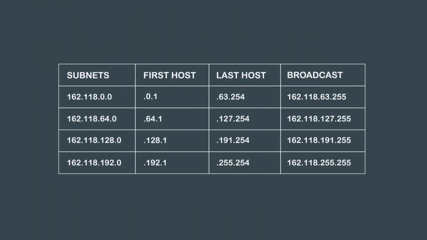Question 6 asks, what is the host range of each subnet? If we look at our chart again, we can easily see the answer to this question. Our host ranges are, for the first subnet, 162.118.0.1 through 162.118.63.254. The second subnet, 162.118.64.1 through 162.118.127.254.